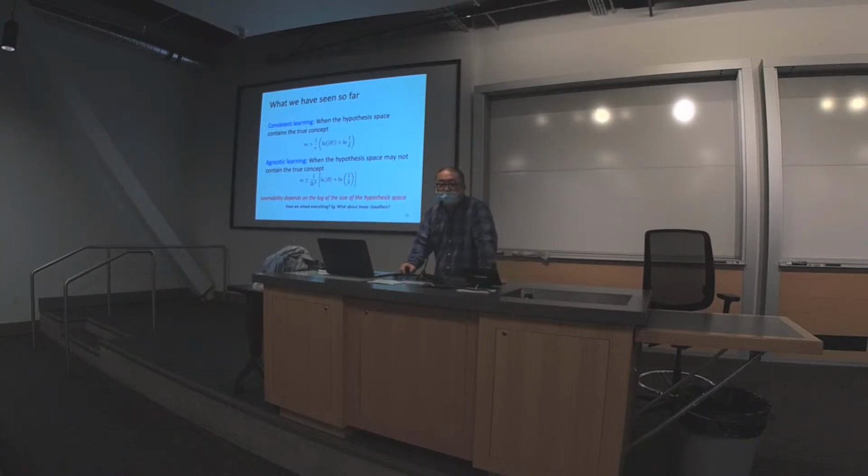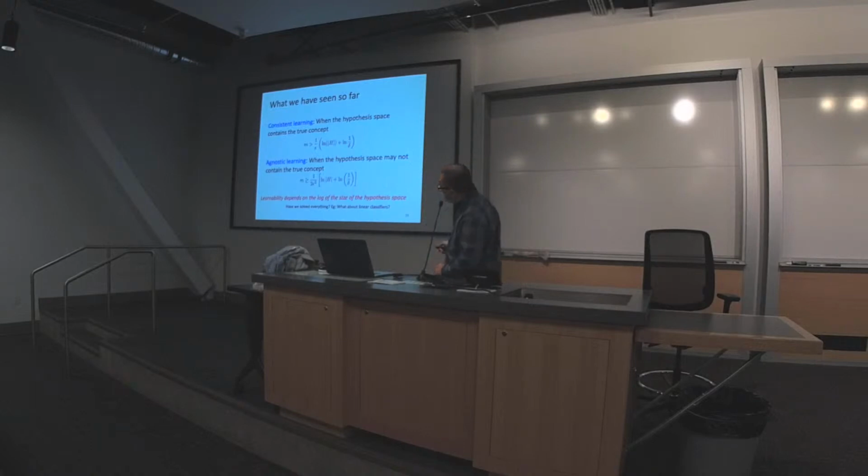But what if your hypothesis space is infinite? Okay. So even for the simple linear classifiers, the hypothesis space is infinite. Why? Because all the feature weights and bias parameters, they're continuous. They're real value numbers, right? You have an infinite number of choices.